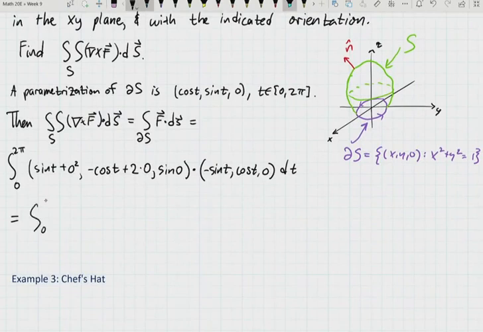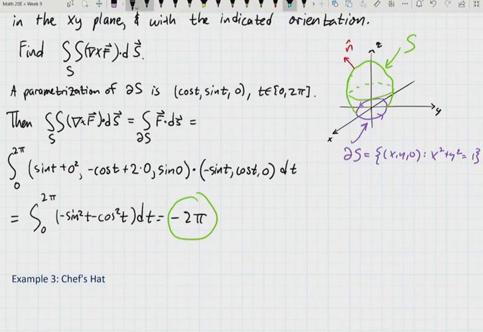So that's the integral from 0 to 2 pi of negative sine squared t minus cosine squared t dt, which is negative 2 pi. Any questions?